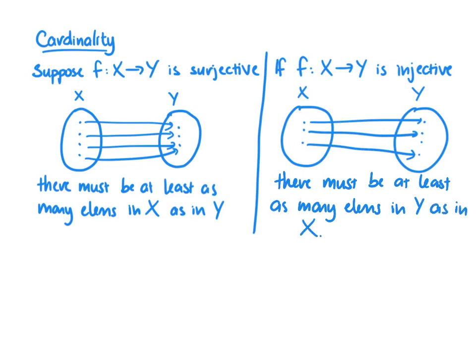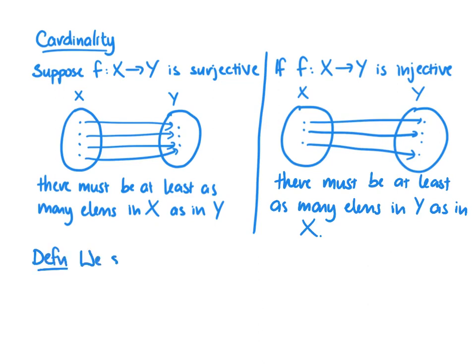So if both of these things are true, if there's a surjection from one set to the other and an injection from one set to the other, if there's a bijection, then we should be looking at sets of essentially the same size. So this is where our definition of cardinality comes in.